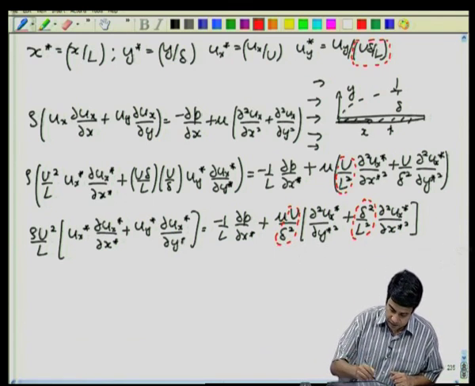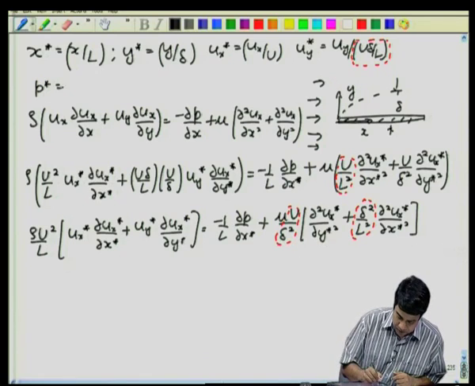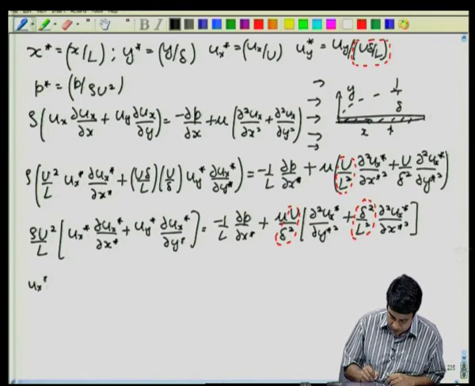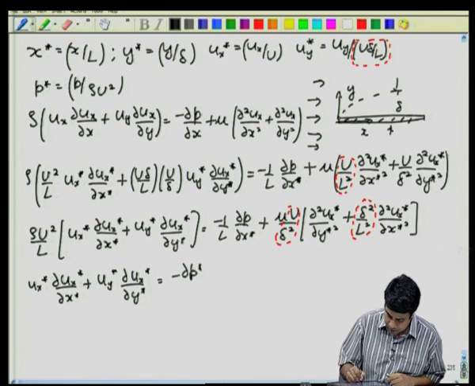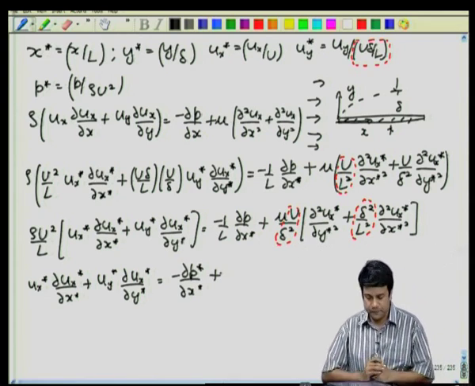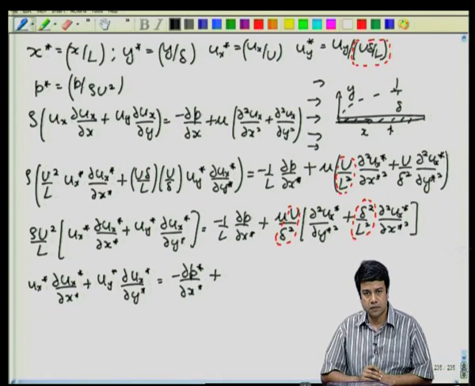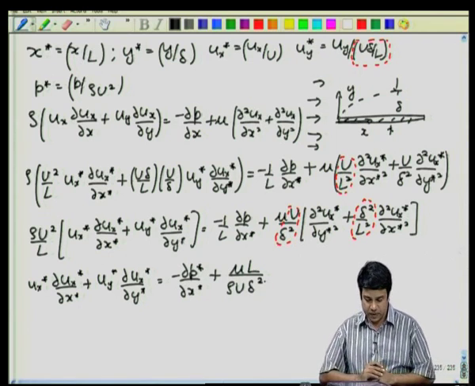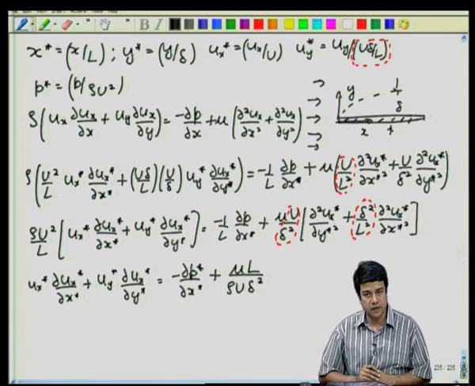So, I define P star equal to P by rho u square, and my equation becomes u x partial u x by partial x equal to minus partial P by partial x plus mu L by rho u delta square, because dividing throughout by rho u square by L, the prefactor of the viscous term becomes mu L by rho u delta square.